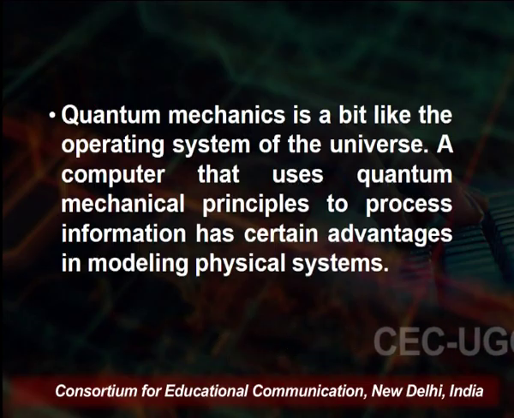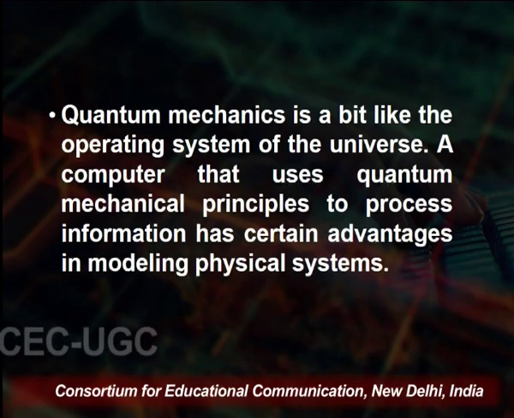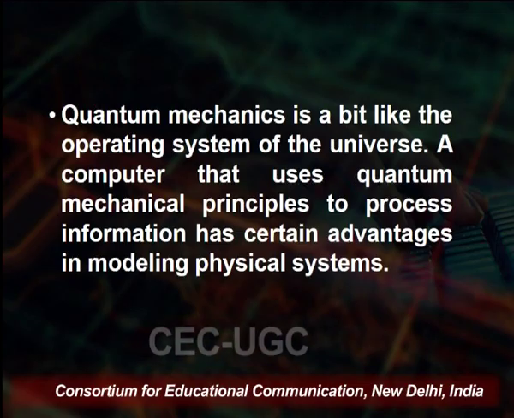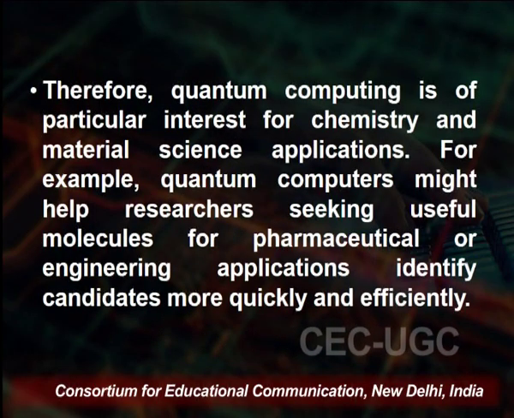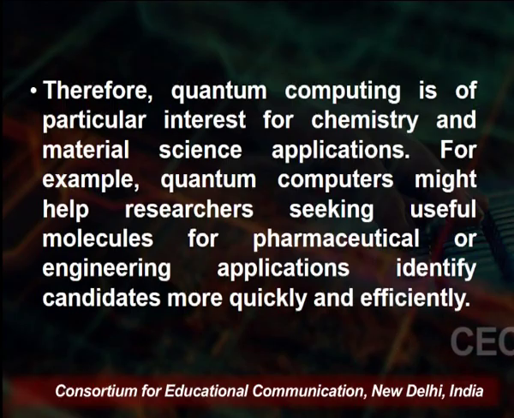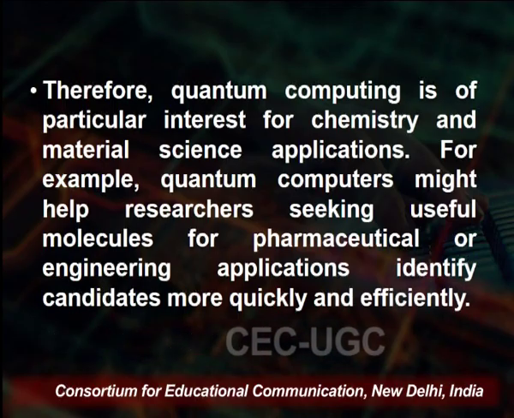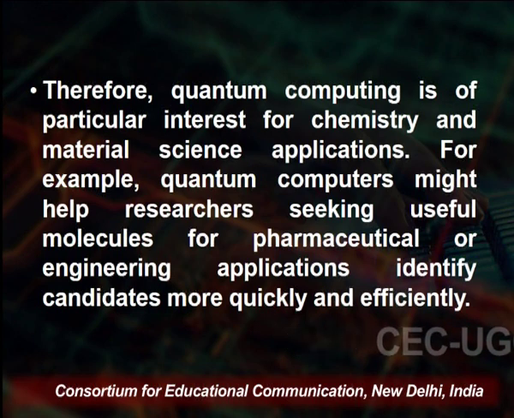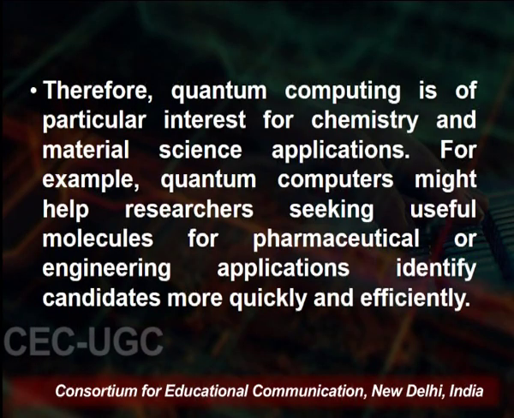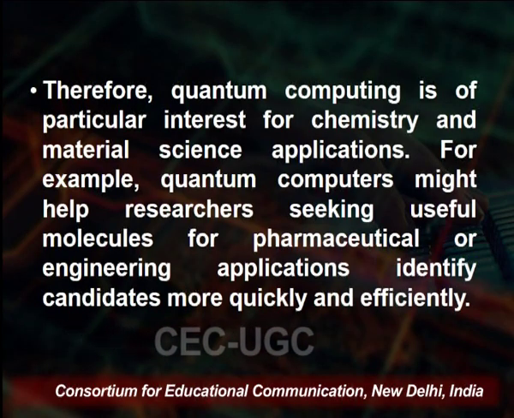A computer that uses quantum mechanical principles to process information has certain advantages in modeling physical systems. Therefore, quantum computing is of particular interest for chemistry and material science applications. A quantum computer might help researchers seeking useful molecules for pharmaceutical or engineering applications identify the candidates more quickly and efficiently.